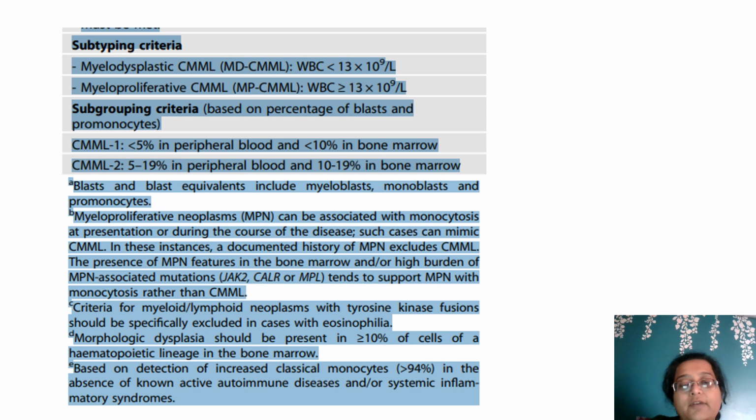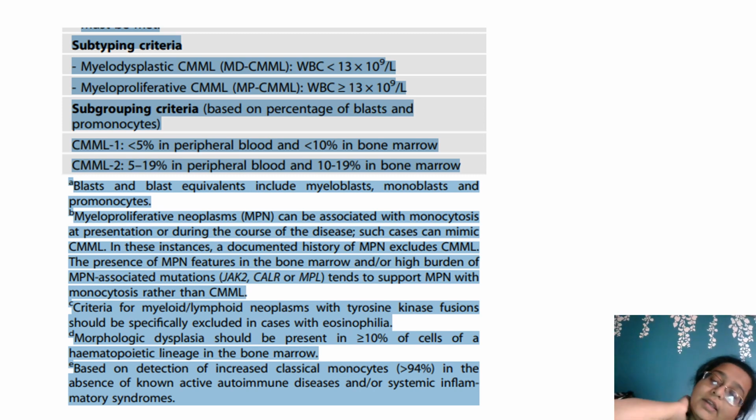B, myeloproliferative neoplasm can be associated with monocytosis at presentation or during course of the disease and can mimic a CMML. In these instances, a documented history of MPN excludes CMML. The presence of MPN features in the bone marrow or high burden of MPN associated mutation, JAK2, CALR, MPL, tends to support MPN with monocytosis rather than CMML.